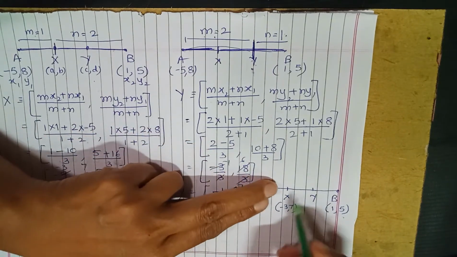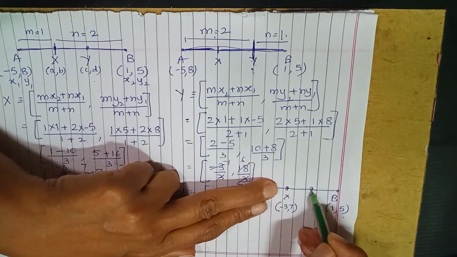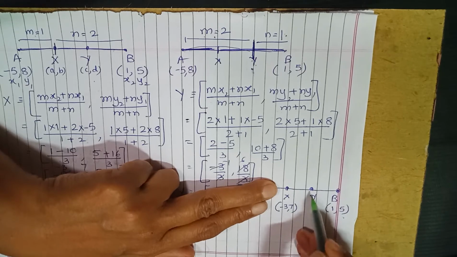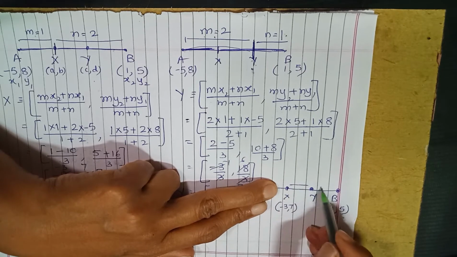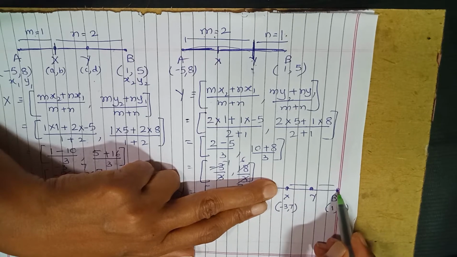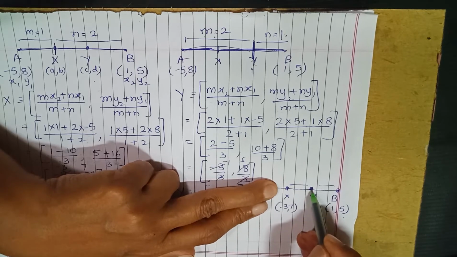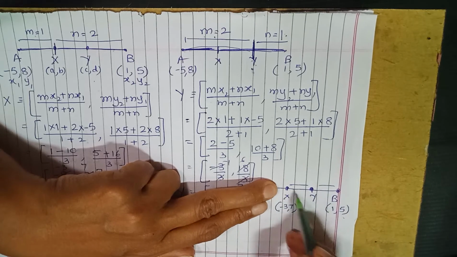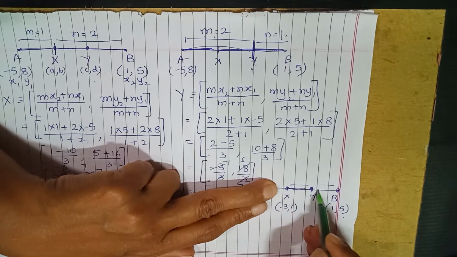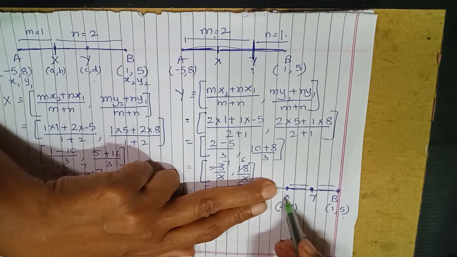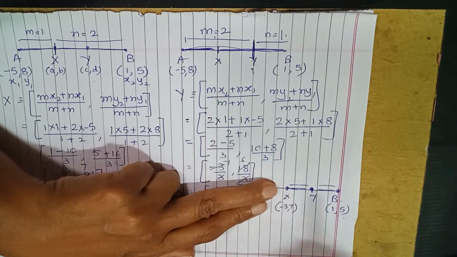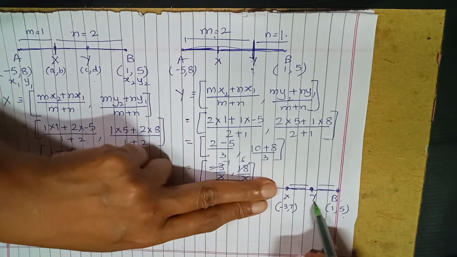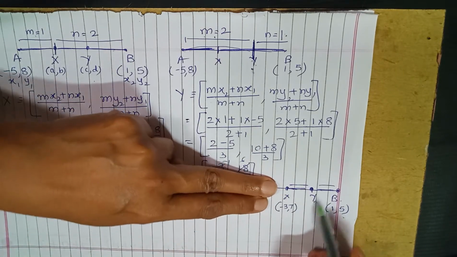If I ignore the point A and I just look at X, Y and B, can you see this Y is having one part on the left till X and one part till B. That means in other words, Y is becoming the midpoint of XB. You can see this is one part, this is one part. So Y is the midpoint. So if I know X, if I know B, it's not necessary that every time I should use the section formula. By using the midpoint formula also I can get the answer for Y.